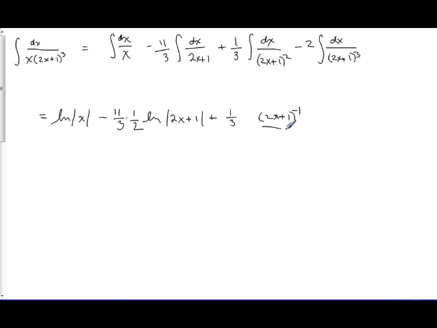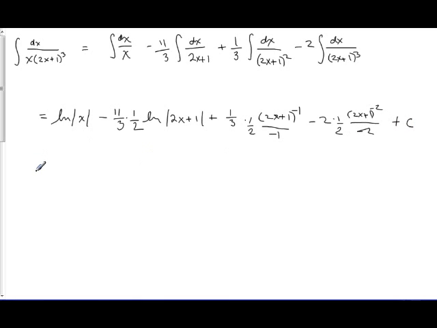Negative 2 plus 1 divided by negative 1. And of course, I need that times 1/2 there to counter that 2. And the same thing's going to happen over here. I'm going to get a 2x plus 1 to the negative 2. Negative 3 plus 1 is negative 2 divided by negative 2. And then I need that times 1/2 again. And of course, I got the plus c.